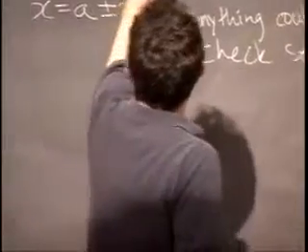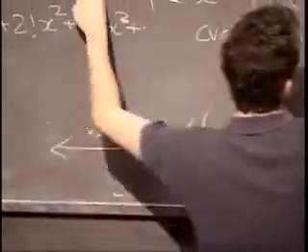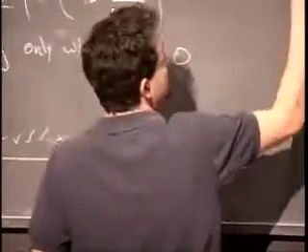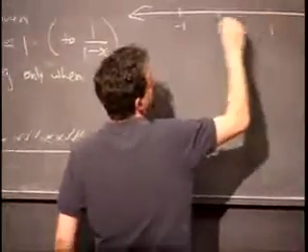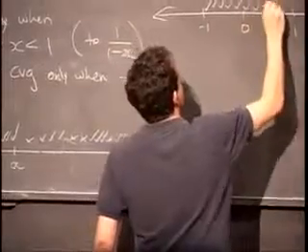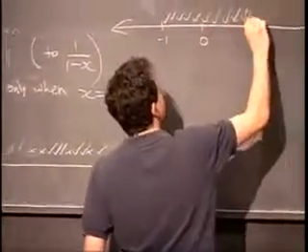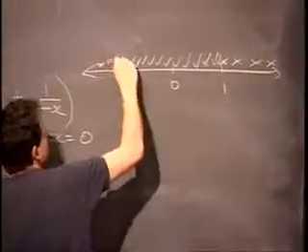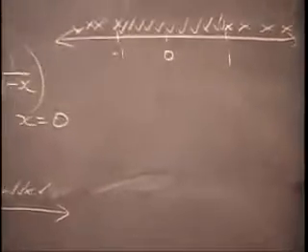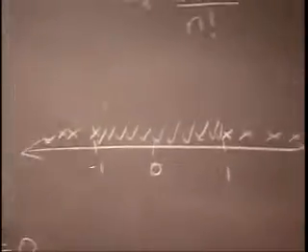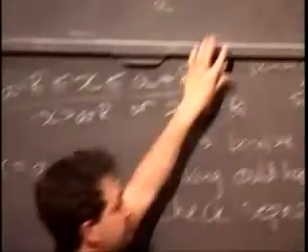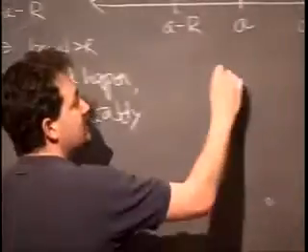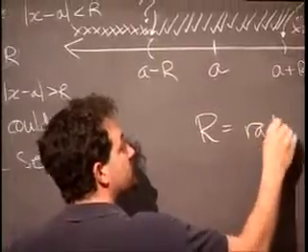Now we've seen this case for the geometric series, that middle case above. For the geometric series, the center is at 0, and it converges between -1 and 1, but diverges at 1 and at -1 and everywhere else. So look at that picture, that's a special case of this more general picture. The number r is called the radius of convergence.